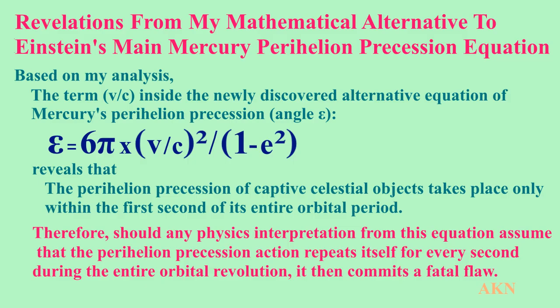Based on my analysis, inside this newly discovered alternative equation of Mercury's perihelion precession angle, the term v over c is the ratio between the orbital velocity of the captive celestial object and the speed of light.